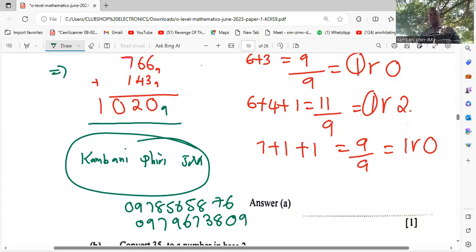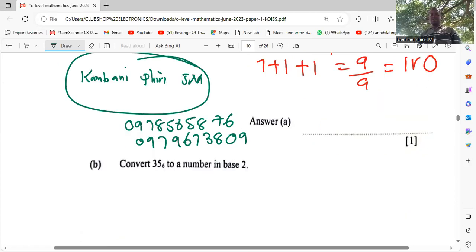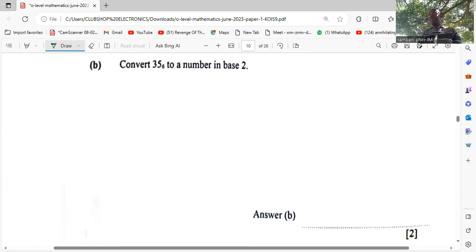Let's go to the next question. B: convert 35 base 6 to a number in base 2. So we are converting from one base to another. What we can do is convert this first to base 10, then from base 10 to base 2. We have 3, 5. Since it is base 6, this is 6 to the power 0, 6 to the power 1.